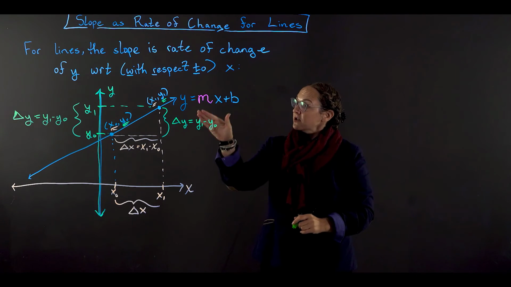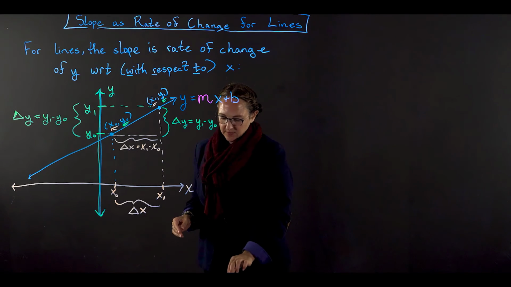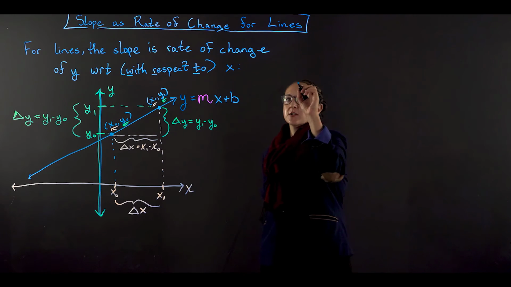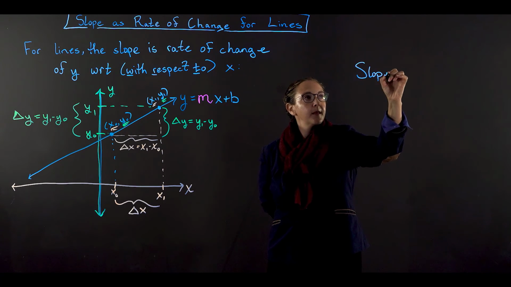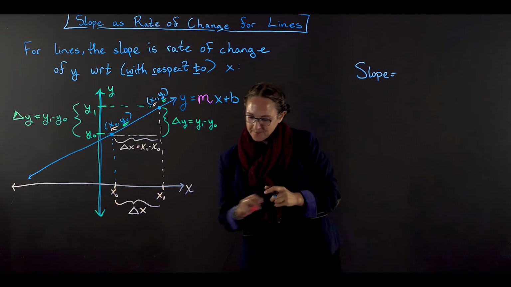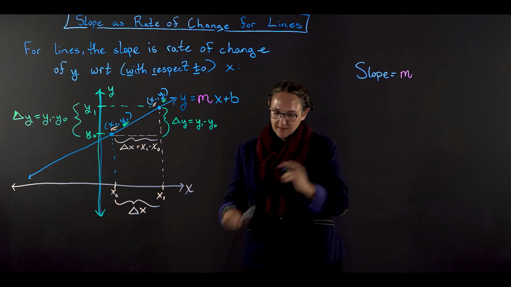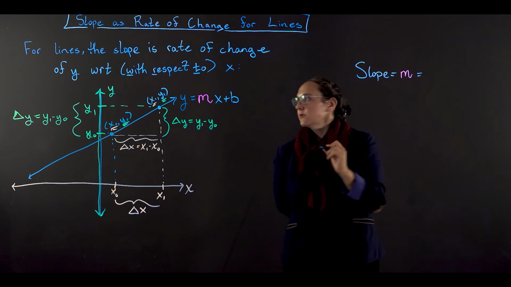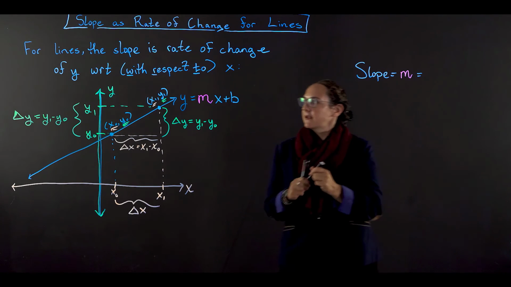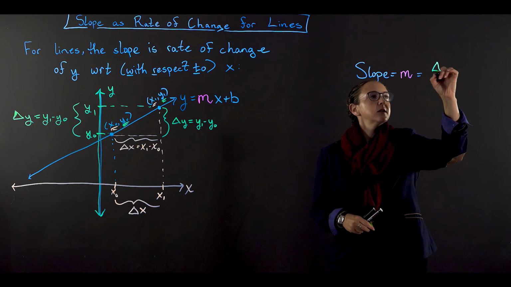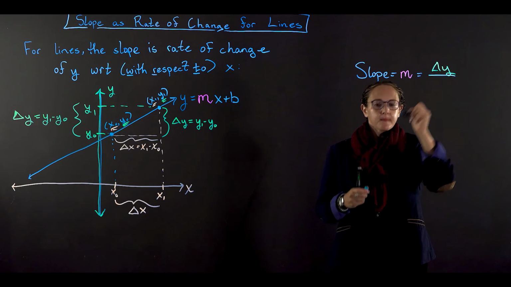This should look a little bit familiar to you from back when we learned about slopes before. If you look at this, my slope, which is equal to m, is actually equal to, and we know this from back when we first learned about lines and slopes, delta y over delta x.